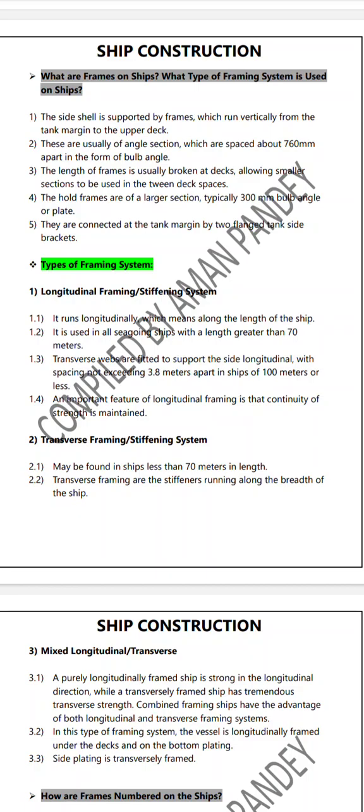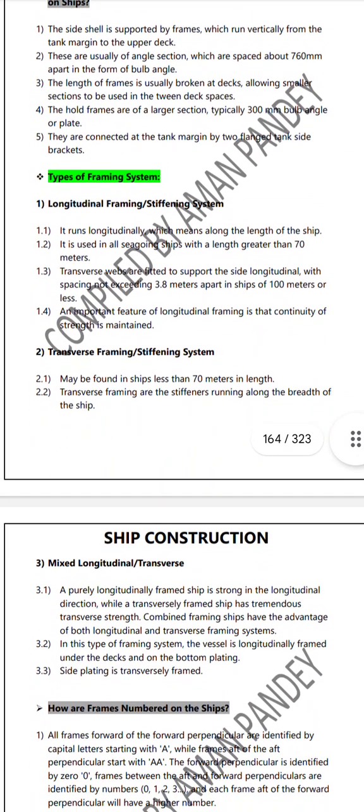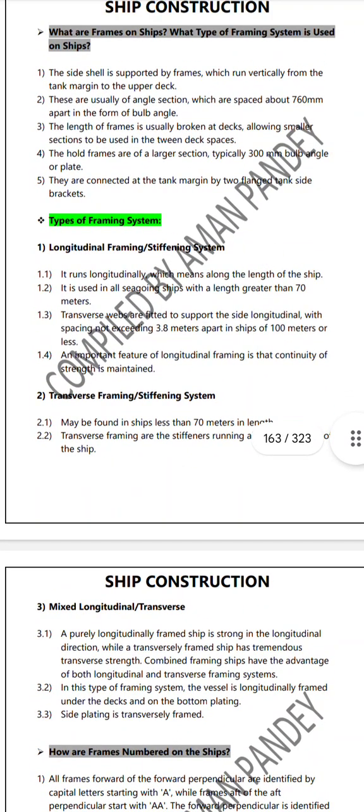Now we can have two types of frame, either a longitudinal or a transverse frame. In a longitudinal frame, the strength of the frame is not broken, it runs continuously in a longitudinal direction, and the side longitudinals are supported by the transverse webs at the side shell of the vessel.